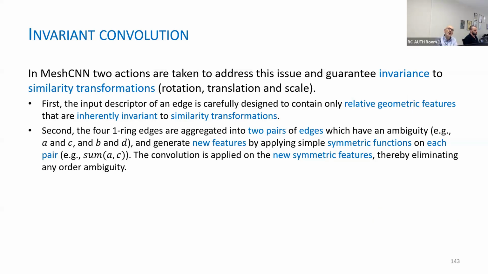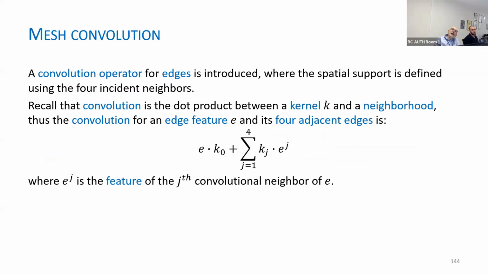For example, they decided to use the sum of A and C. In this way, the convolution is independent from the choice, and it becomes symmetric, so we do not have any more ambiguity. The convolution defined on the mesh is obtained this way. There is a term that depends on the edge, with the first coefficient, k0.